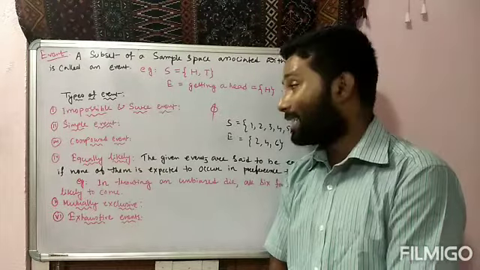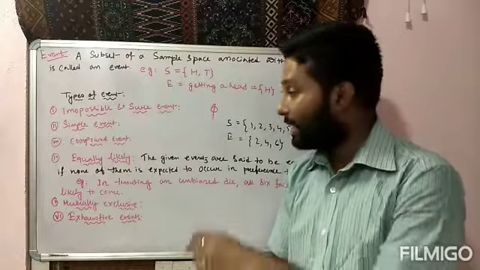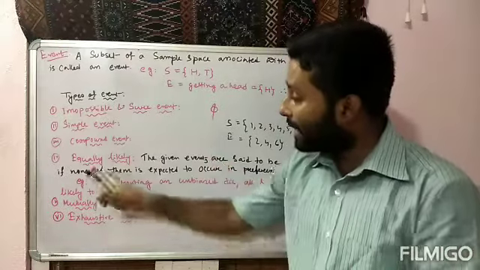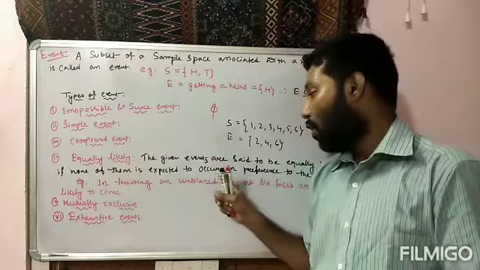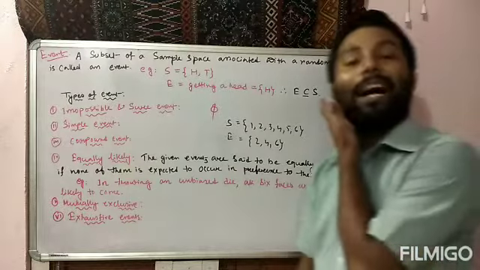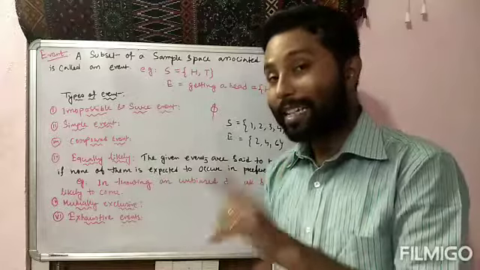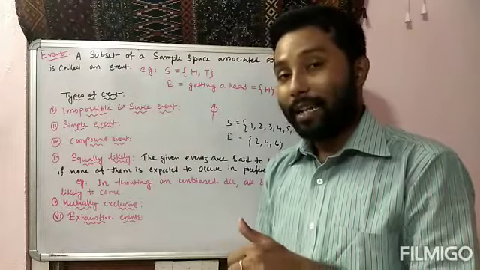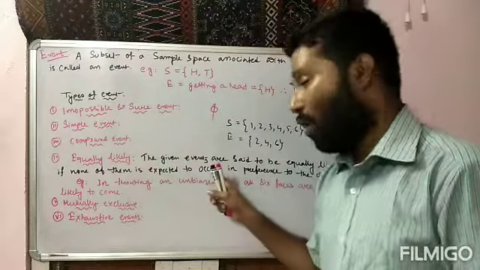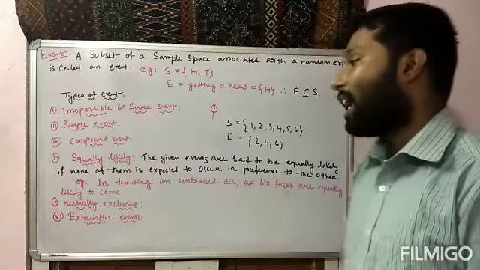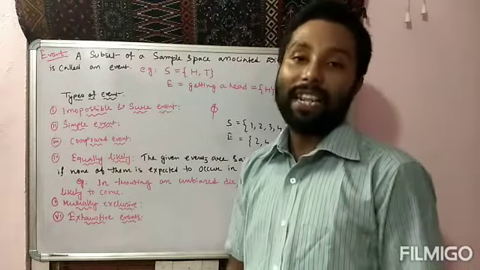We are not expecting that any one will come more than the others. But what is the meaning of equally likely? None of them is expected to occur in preference to the other. Total 6 outcomes are there if you throw a die. If none of them is expected to occur in preference to the other, it's called equally likely event.